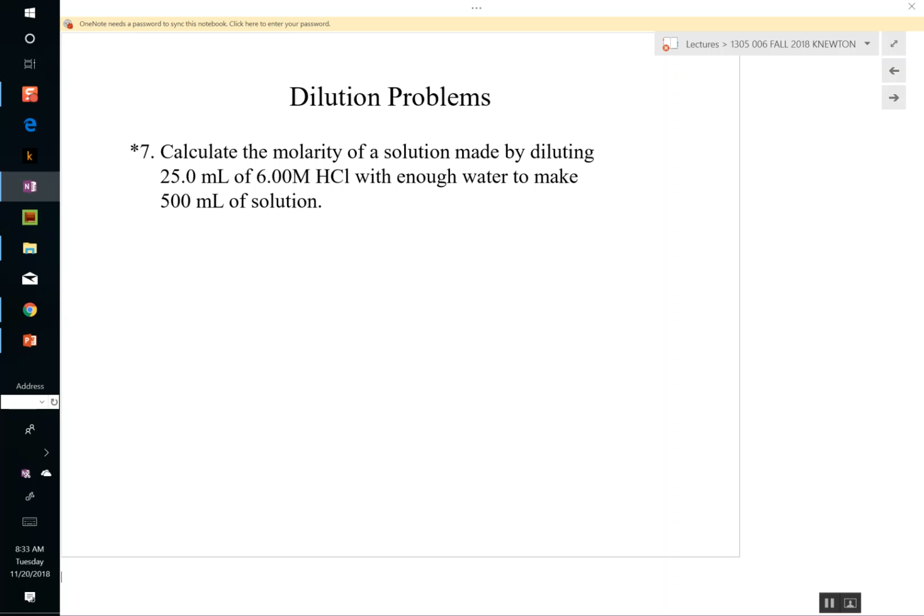Okay, let's see. Calculate the molarity of a solution. So here's our equation. We got 4 things in this equation, and these problems are going to give you 3 of them. So what is it asking you to calculate? Molarity.